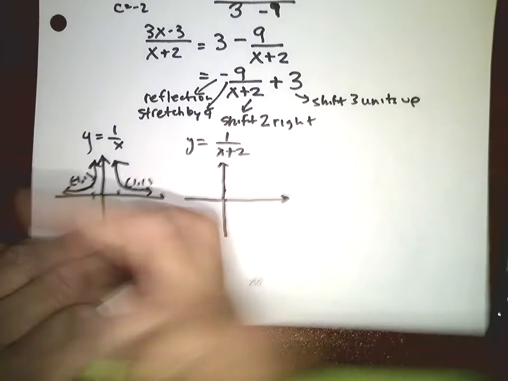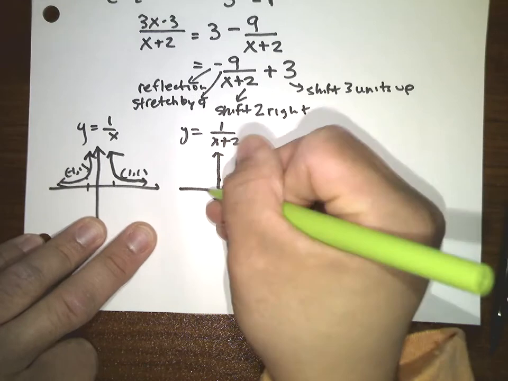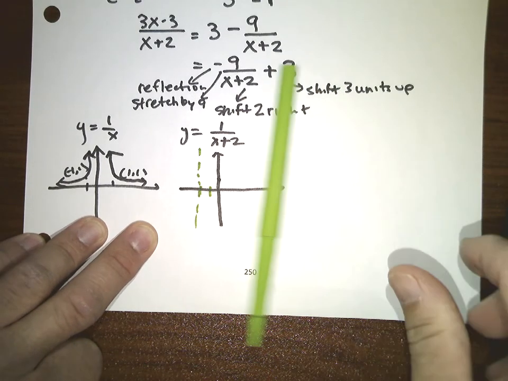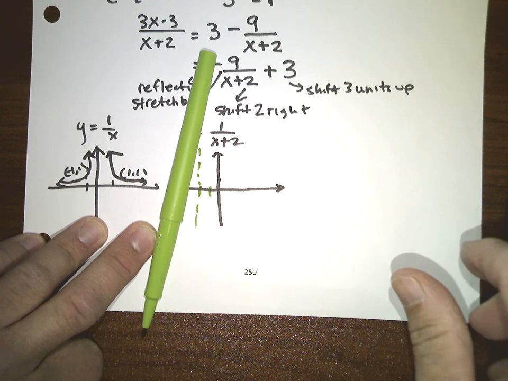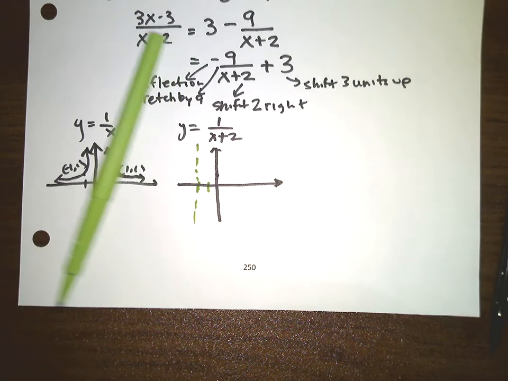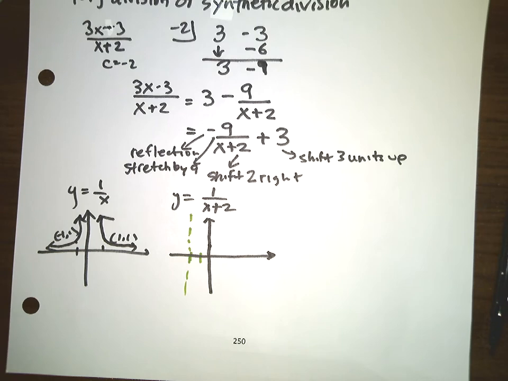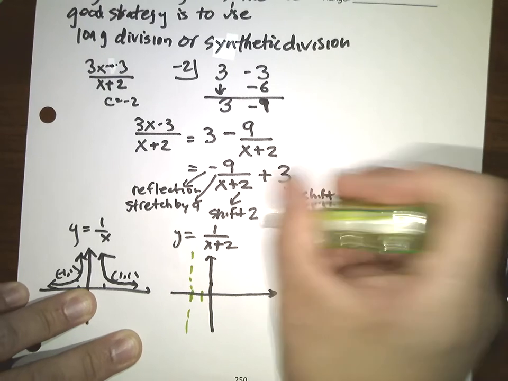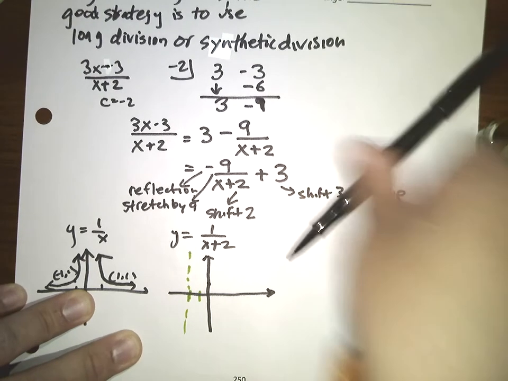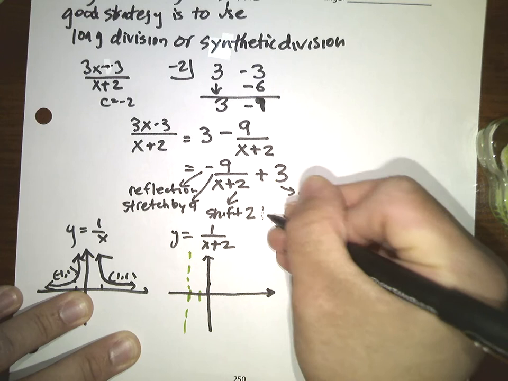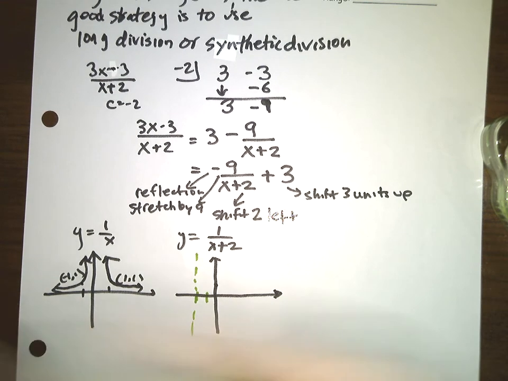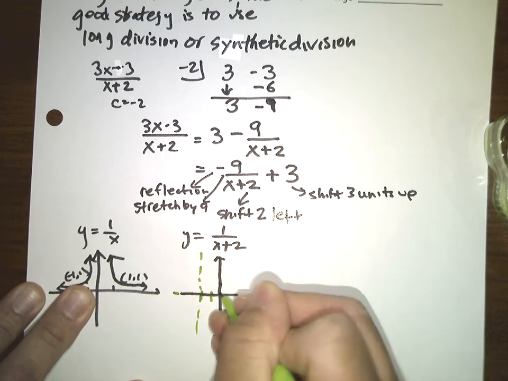I said right, but I have no idea why I said right, because I was about to shift it to the left anyway. Just so all of you are aware, even if I shift to the left and I write right, I'll tell you my story about this. This is why I think the education system is really confusing to children: they never taught me left and right in school.